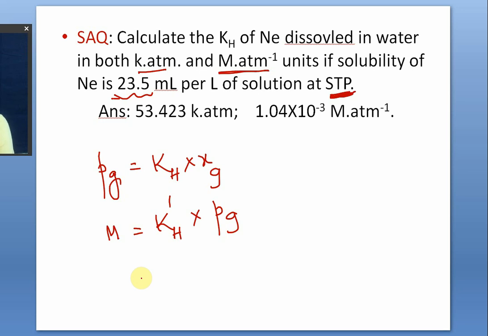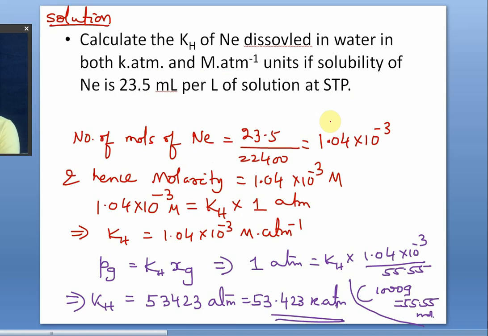So this is a very defectively formulated numerical, where if you take STP, it will mean the atmospheric pressure, which contains everything. So the partial pressure of neon, that we do not know. We have put it as 1, meaning that only neon pressure is 1 atmosphere. Here is the presumption that you have to make, that the neon partial pressure is 1, not that of all gases.